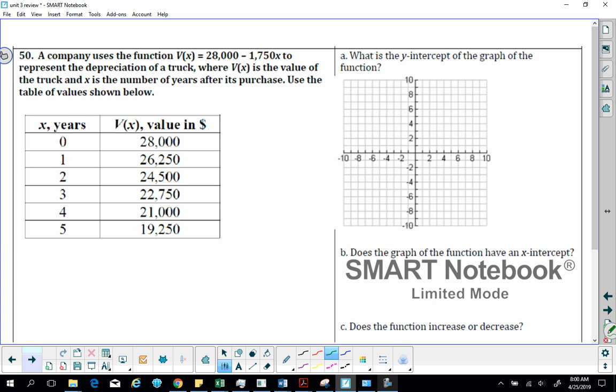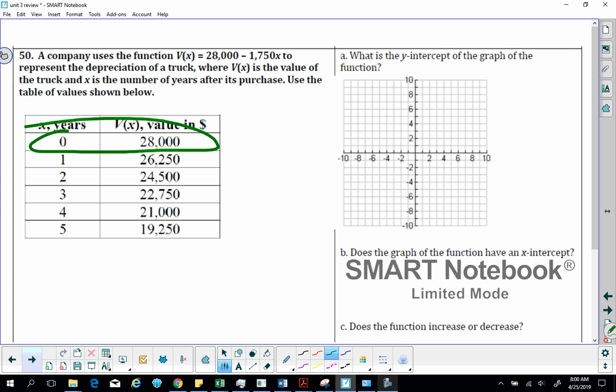Anyone get the y-intercept? Oh, 28,000, right? It's when your x is 0. So that first one, where's the y-intercept? 0, 28,000. You didn't need to graph it. It represents your initial value of the car.